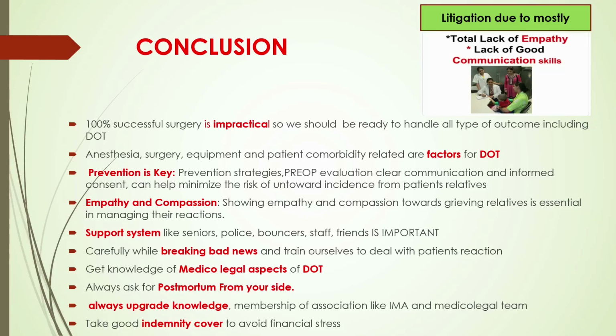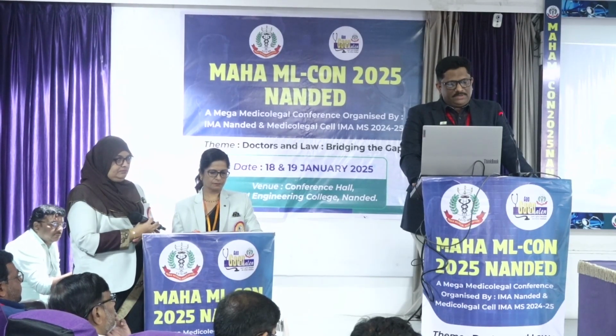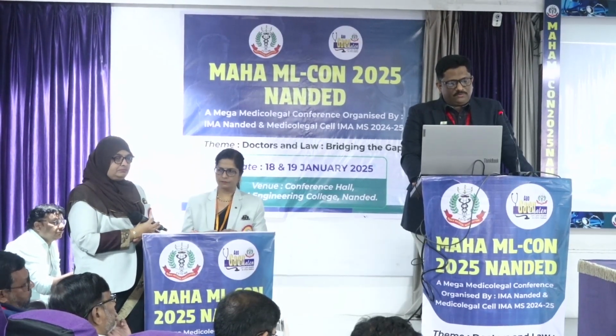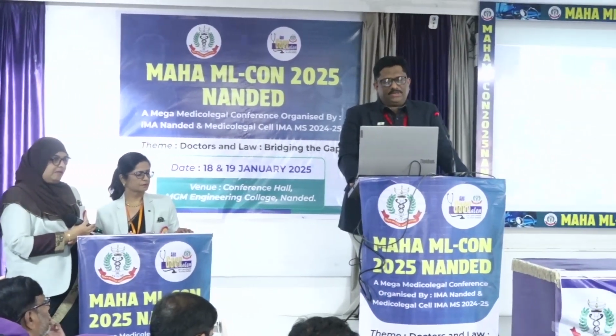Prevention is the key, and empathy and compassion to the relatives is very important to prevent litigation. A support system, like senior police and bouncers, staff should be taken at such a crisis. We should be very careful while breaking bad news. Get knowledge of medico-legal aspects of death on table. Always ask for post-mortem from your side, upgrade your knowledge and get a good indemnity cover.